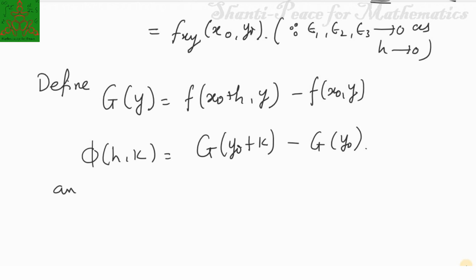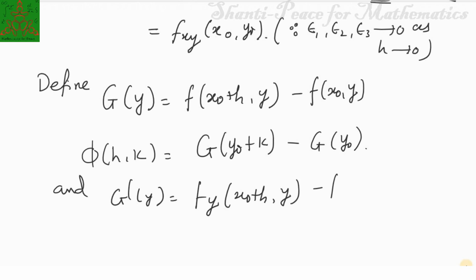And what is g dash of y? G dash of y is fy at x0 plus hy minus fy at x0 y0.